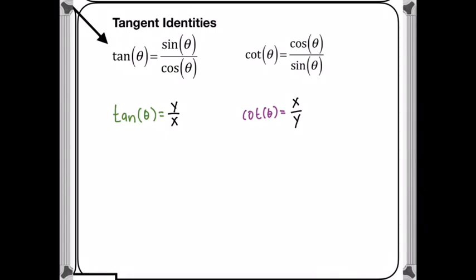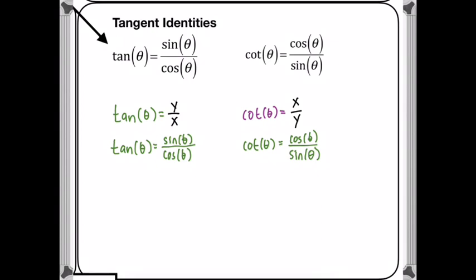So therefore, when we substitute them in, we're going to get the tangent of theta equals sine theta over cosine theta, and cotangent is going to equal cosine theta over sine theta.